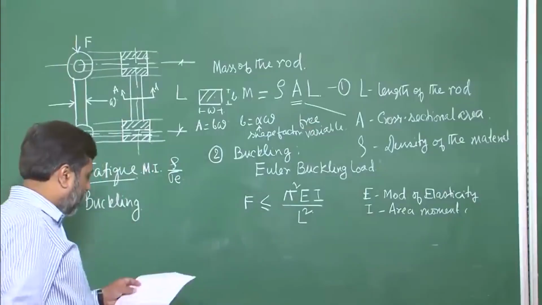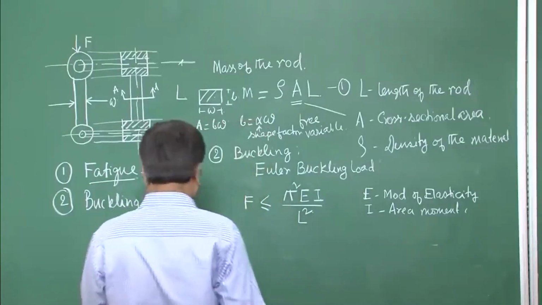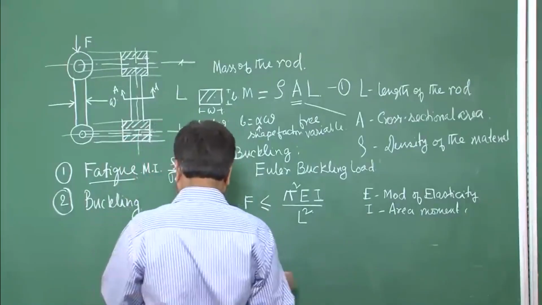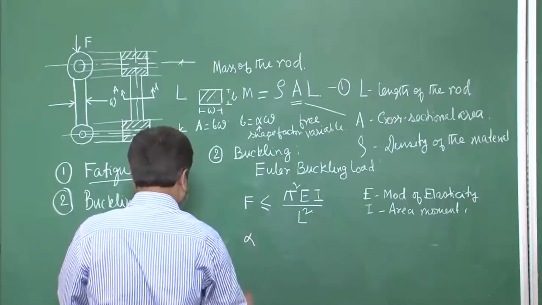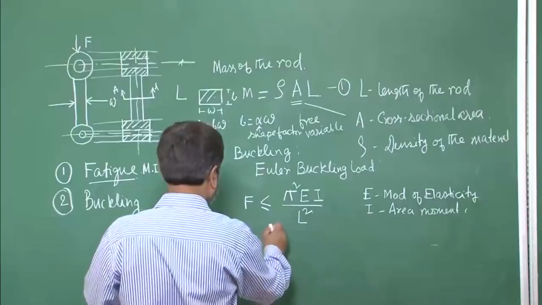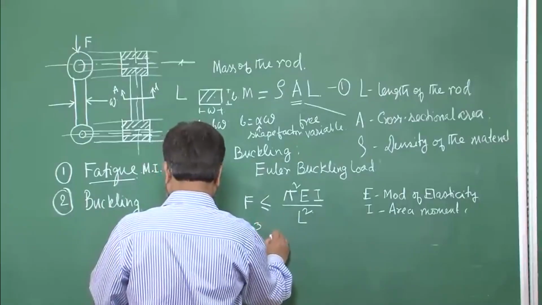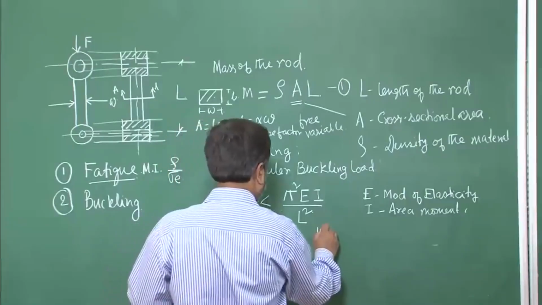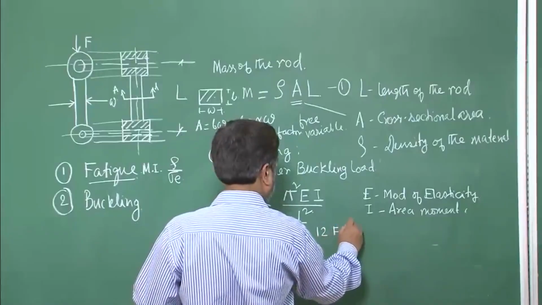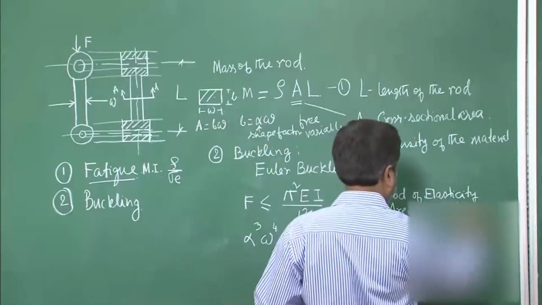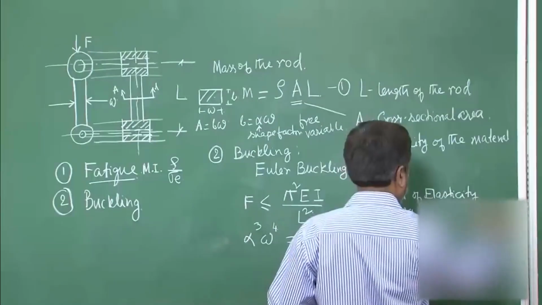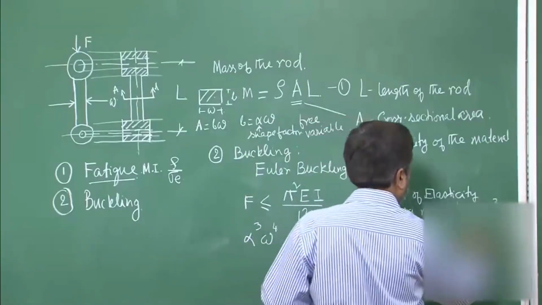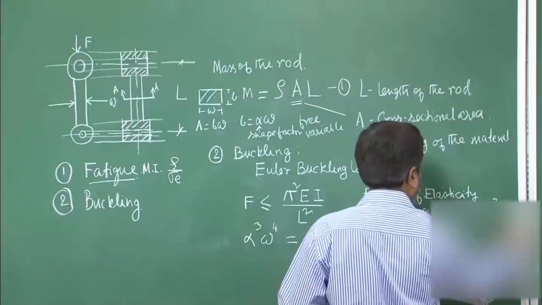So area is BW and B is alpha W. We can write it down in terms of W. I in this case is 1/12 B W cube, so you can also write it as 1/12 alpha W to the power 4.